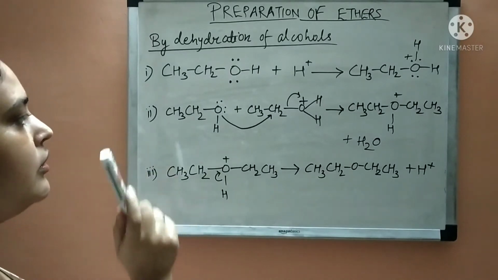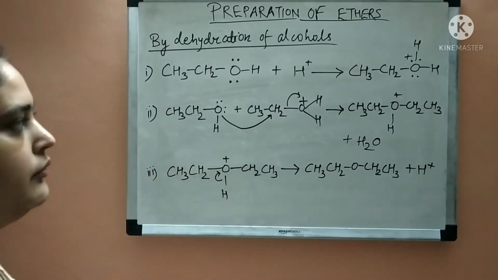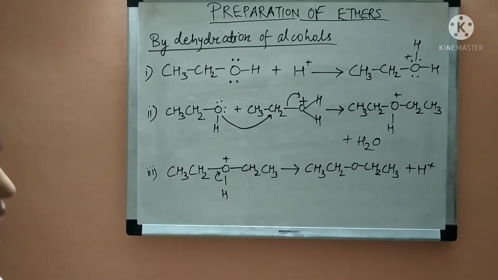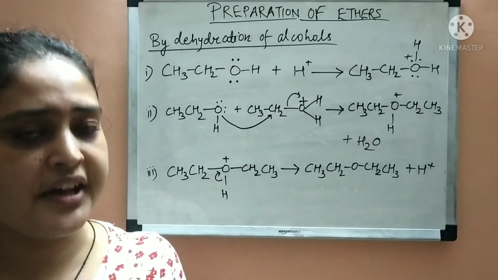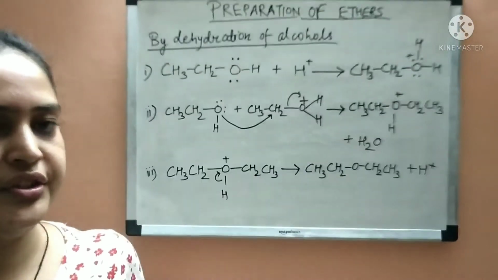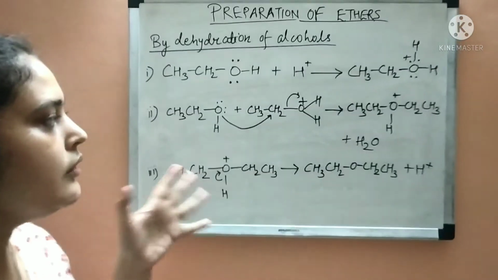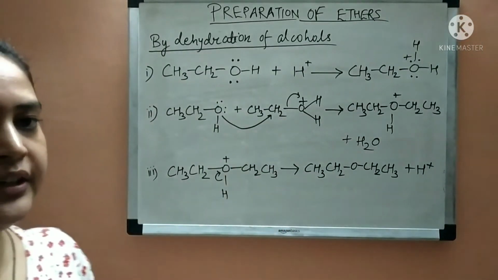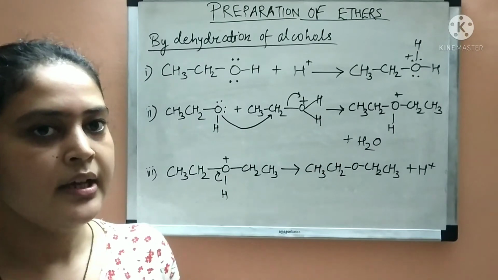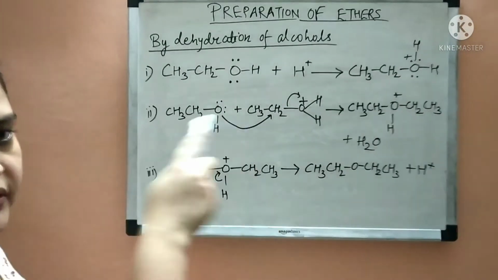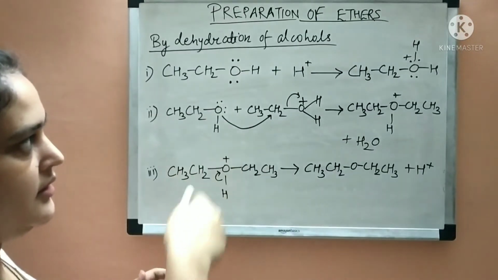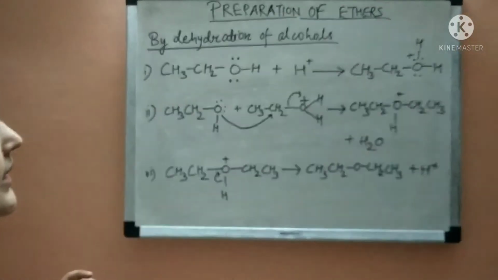Therefore primary alcohol will undergo this dehydration and form ether. If there is secondary alcohol or tertiary alcohol, then it will not form ether. Instead, it will undergo an elimination reaction to form alkene, as we have seen in the previous reactions. So alkene will be formed.